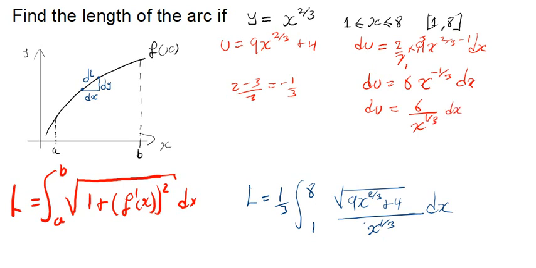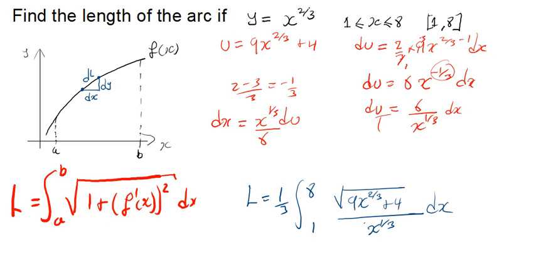So meaning our dx is now equal to, we are doing the cross multiplication here, x to the power 1/3 du divided by this 6 here. So I had to make the power positive by bringing it down here.